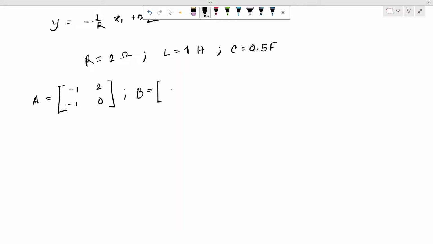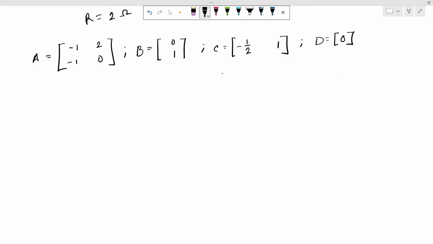B will be 0 and 1. C will be minus 1 by 2 and 1, and D will be 0. So by using all this, I will get a transfer function, TF, which will give S by S square plus S plus 2 by using Matlab.